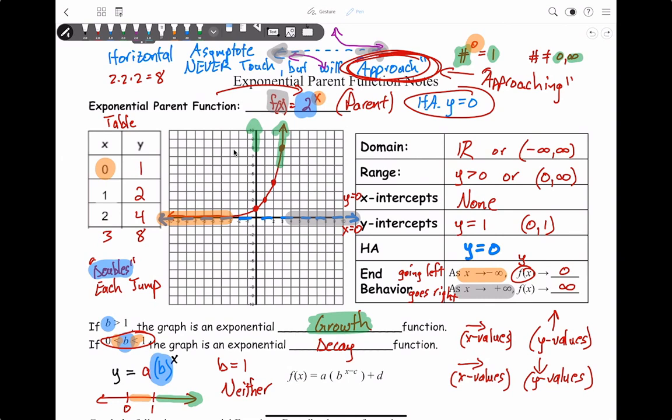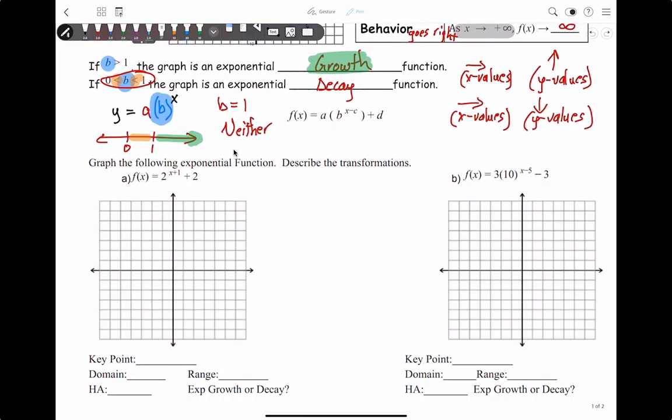If it's equal to 0, then everything's 0. And if it's equal to 1, nothing's growing or decaying. It's just remaining the same. All right, so I really wanted to get in good detail as far as that goes before we keep going into the rest of these notes right here.